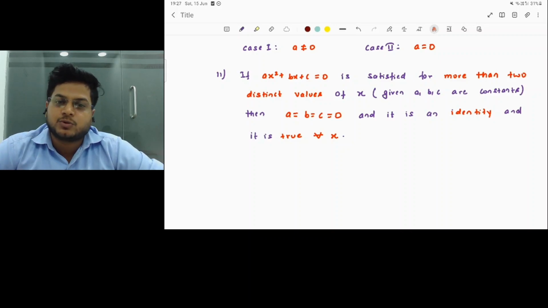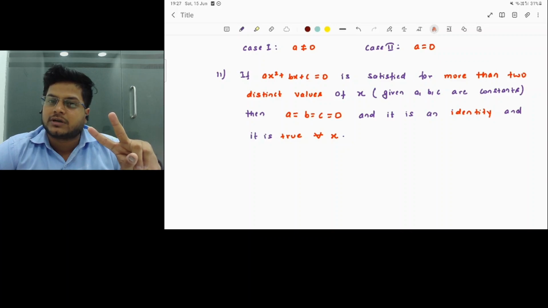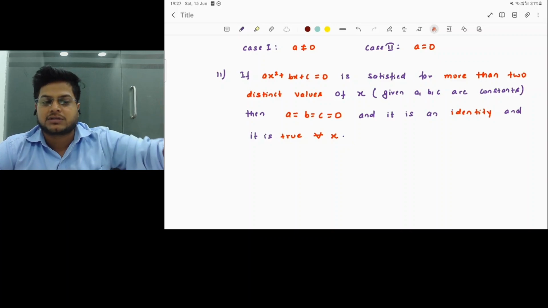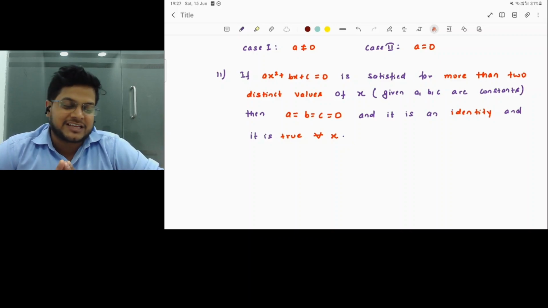It can have maximum 2 roots. But how many roots are you having? You are having 3 roots. So I hope you can see the contradiction. If it becomes a quadratic where a is not equal to 0, you are supposed to get only 2 roots.